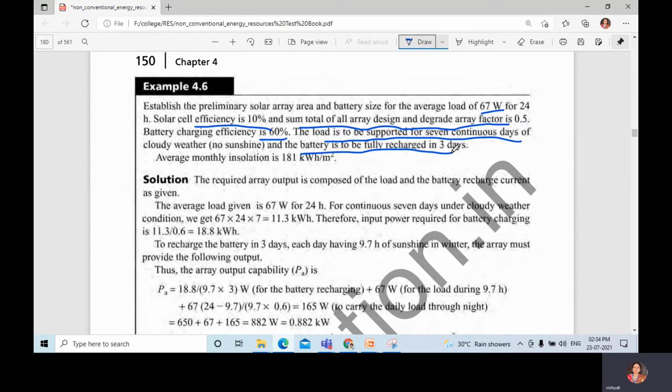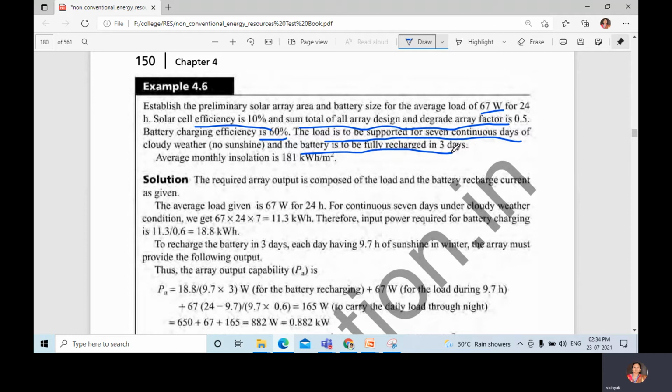Average monthly insolation is 181 kilowatt hour per meter square. So they have given the average load of 67 watt for 24 hours, the solar cell efficiency of 10%, the array factor of 0.5, and the battery charging efficiency of 60%.